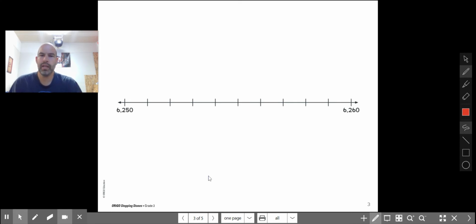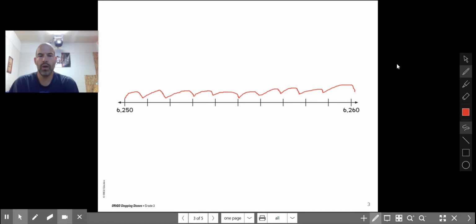Now, we're going to look at a 4-digit number, and now we have the number 6,250 going to 6,260. So again, let's do those jumps. We got 1, 2, 3, 4, 5, 6, 7, 8, 9, 10.